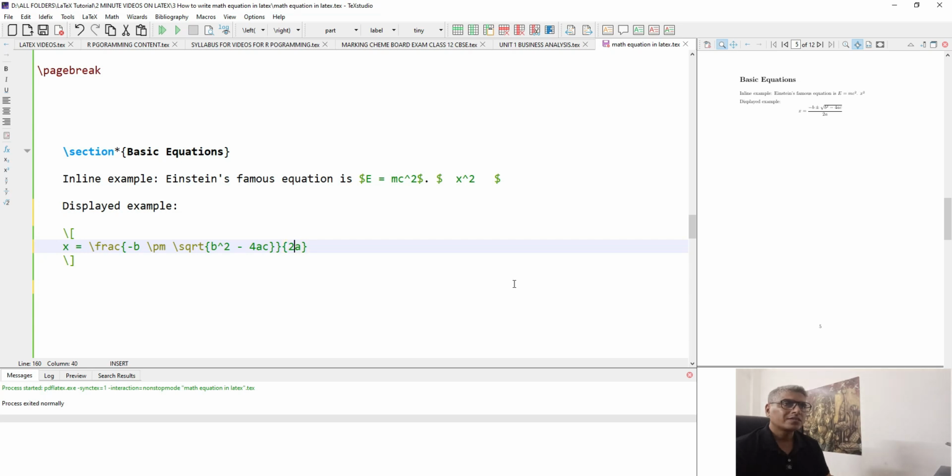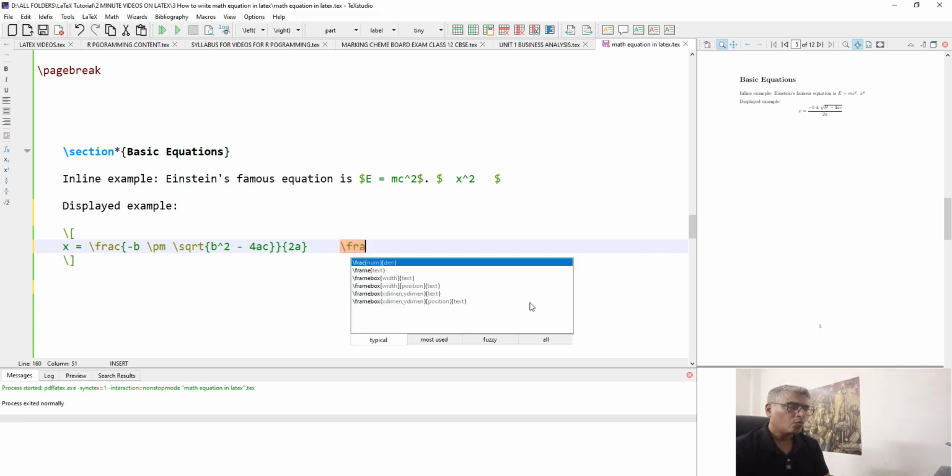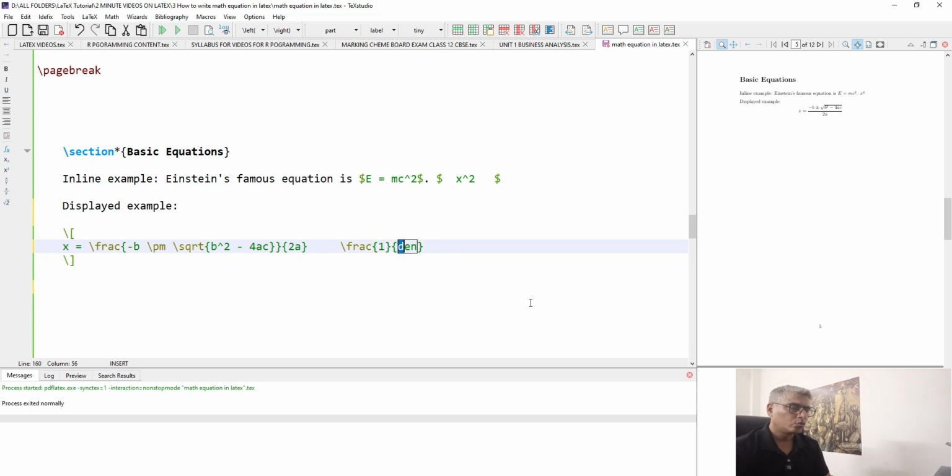Here we have used \frac, which is basically used to write fractions. If we want to write 1 by 2, we write \frac{1}{2}, which gives you the fraction 1 by 2, that is half.